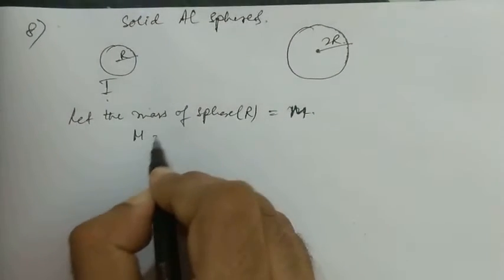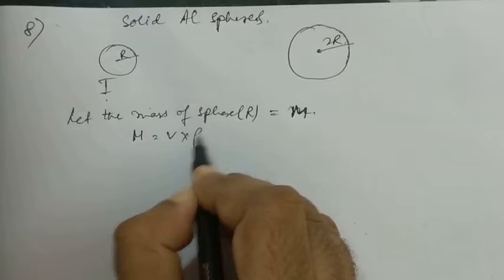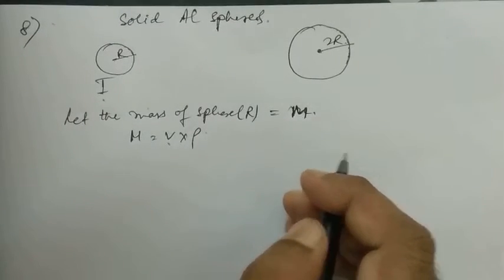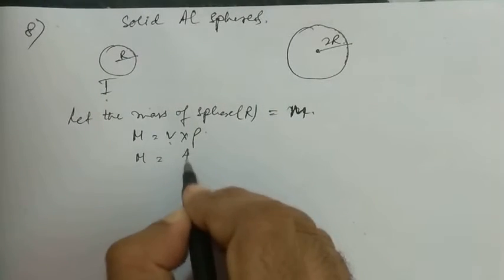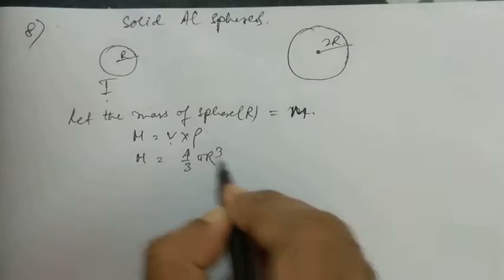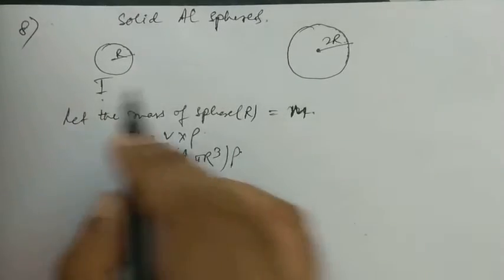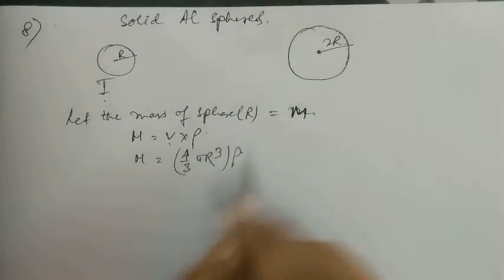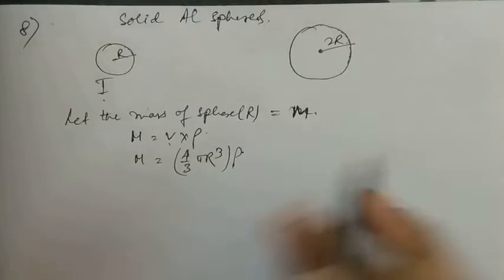Now we all know m is equal to V into rho, volume into density. Now the volume of a sphere, as you all know, is 4/3 pi r cube. The radius is already given to be r. So m is 4/3 pi r cube into rho.